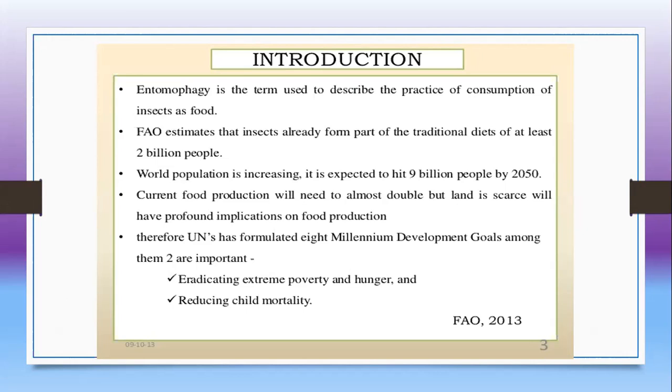So, current food production will need to almost double, but land is scarce and will have profound implications on food production. So, therefore, United Nations has formulated 8 Millennium Developmental Goals. Among them are two important. What are those? Eradicating extreme poverty and hunger, reducing child mortality.